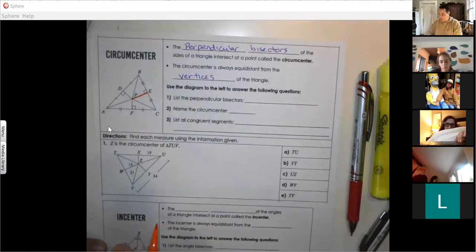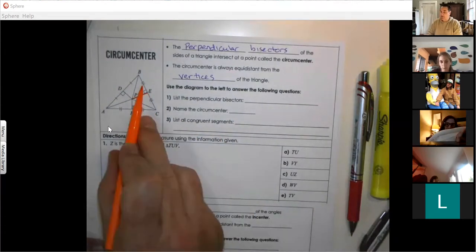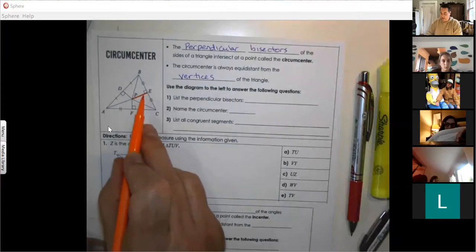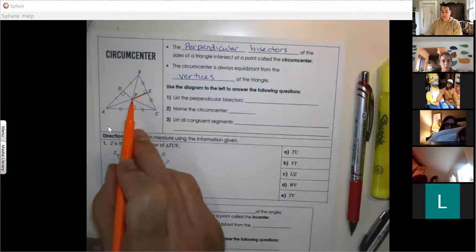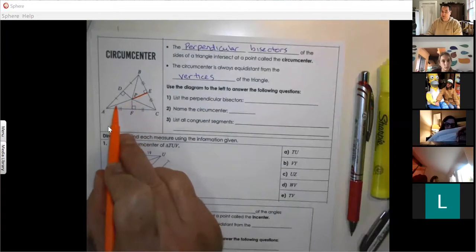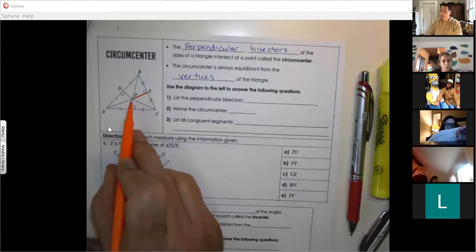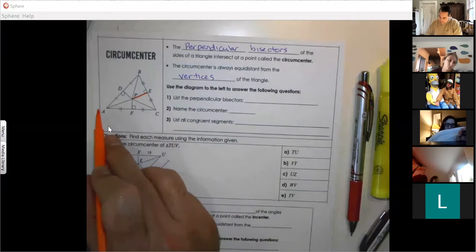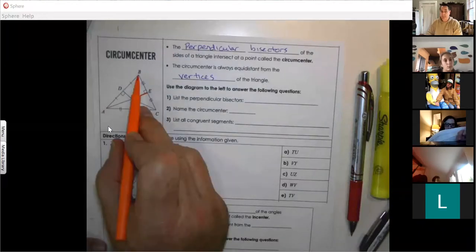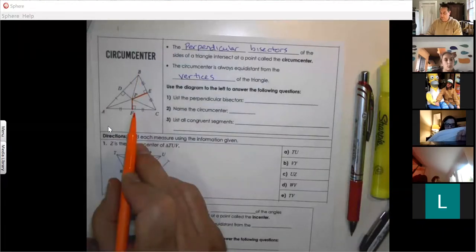You can tell because it's bisecting the side and it's perpendicular. You might want to continue it on here, but don't. You might be tempted to say it also goes up here through the point A, but we don't know that. Just like through here, we can see that this perpendicular bisector definitely does not go up through B, does it? It goes straight up. It would be different.